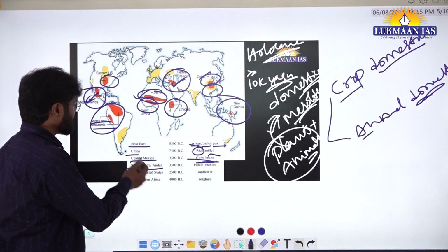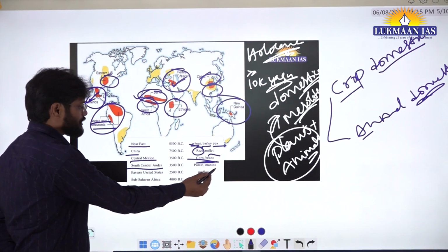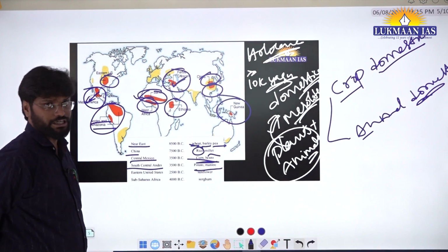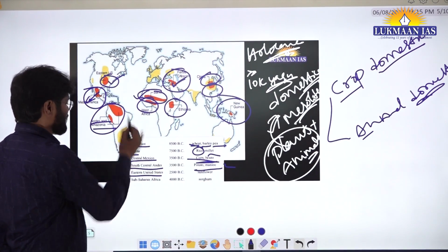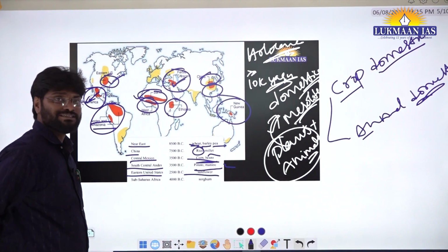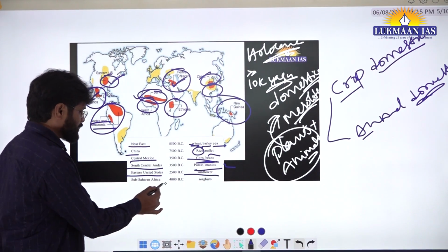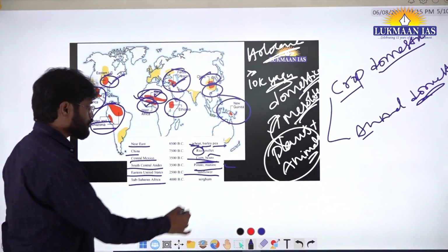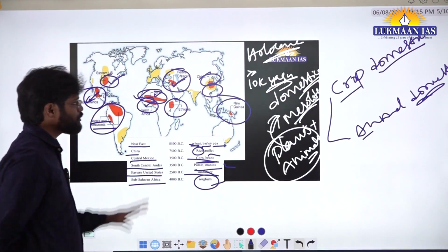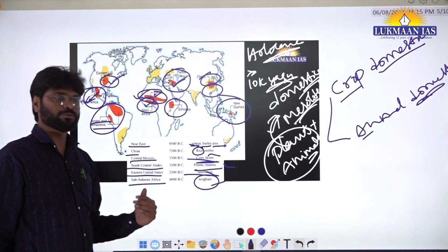In the south central Andes, potato and manioc were domesticated. In eastern United States, sunflower and maize were domesticated. In sub-Saharan Africa, the Sahel and West Africa region, sorghum. So these crops were domesticated. You should introduce that in the first paragraph.